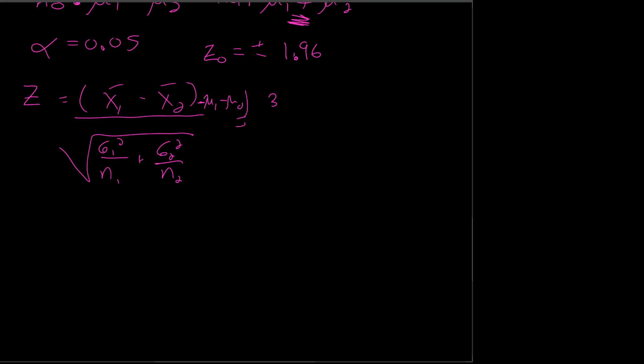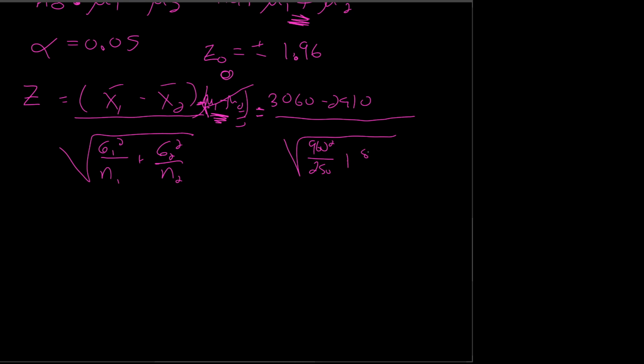I forget this in the equation, you're going to see why in a second. When we test a null hypothesis, we assume these are equal. And if they're equal, mu1 minus mu2 goes to 0. And this actually has an effect that we can use later on when designing an experiment. It's why you'll see me sometimes leave it out when I go to write it down. Over 960 squared divided by 250 plus 845 squared over 250.